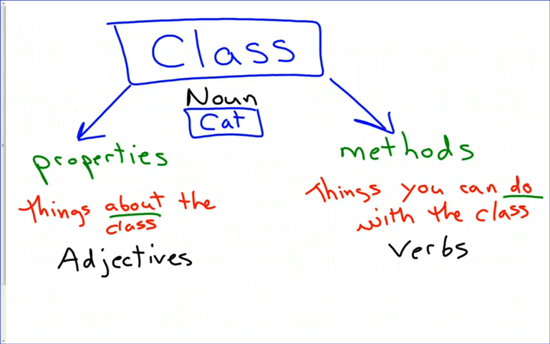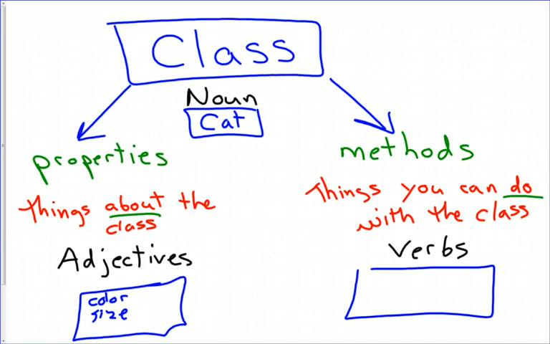Things about the cat to describe it could include color, size, temperament. I know my mother's cat is very aloof. Verbs, things the cat can do: it can scratch, it can run, etc. Those are things that this noun, this class, can do.